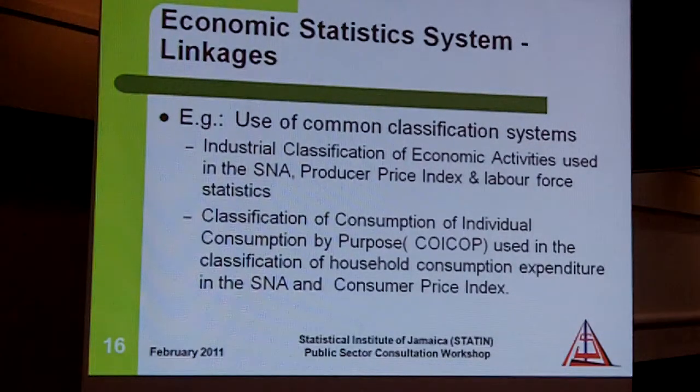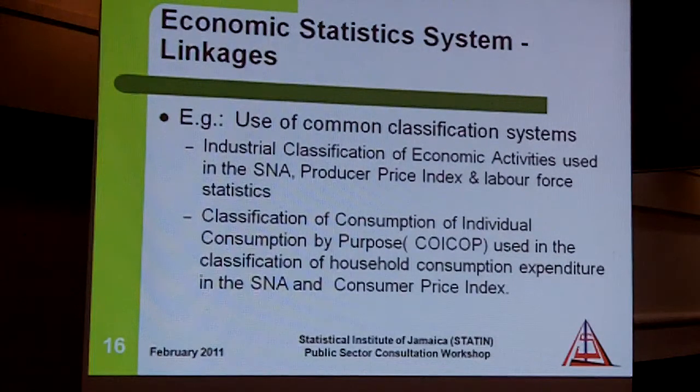The actual movement of prices relating to the bakery industry will come from the producer price index. So those things can be examined and analyzed, but that can't be if you don't have a common classification system that works together.